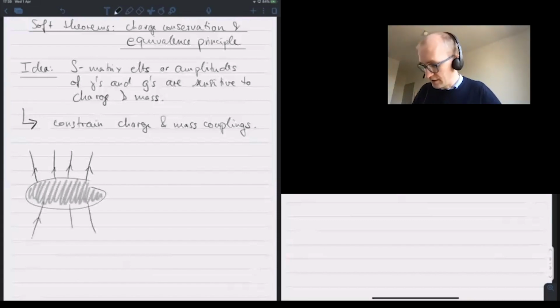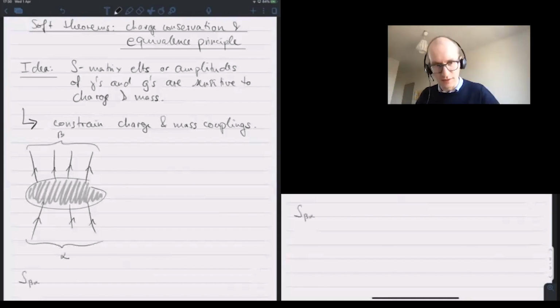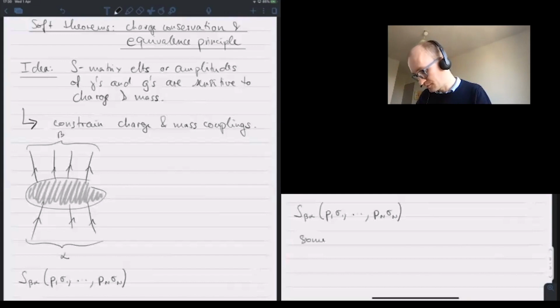And then, of course, we have the ingoing particles. We've been referring to the outgoing ones collectively as beta and the ingoing ones as alpha. We denote this process by the S-matrix element S_{beta alpha}, which is parameterized by all the momenta p_1, and then there might be spin labels. Let's say the total number of such particles involved in this process is capital N, so we go up to p_N sigma_N. And this corresponds to some scattering process.